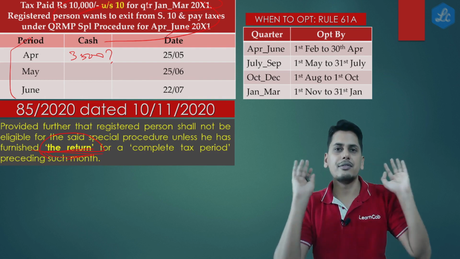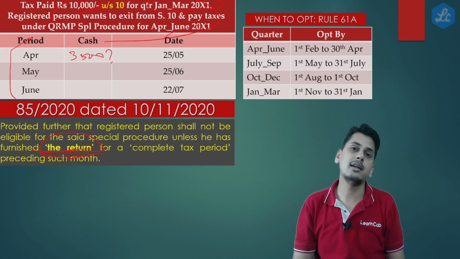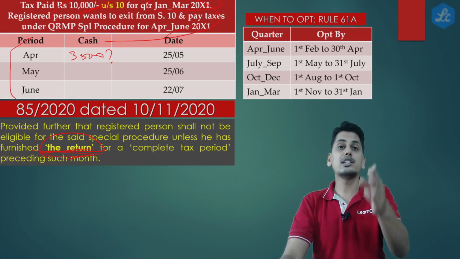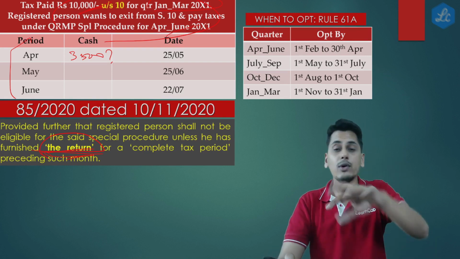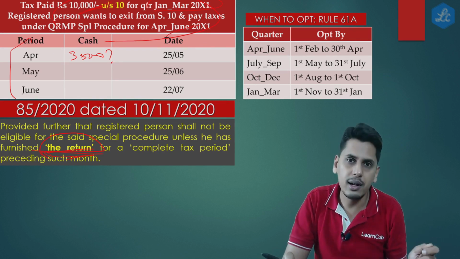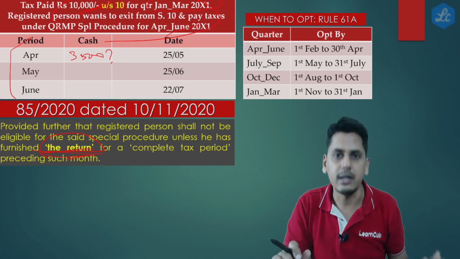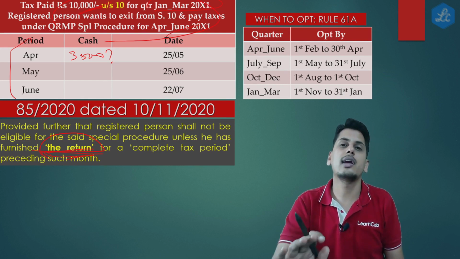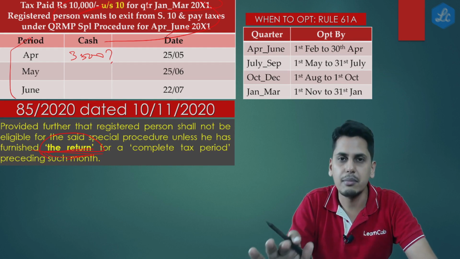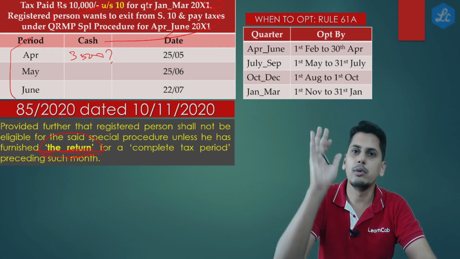You can go under the self-assessment method. Similarly, you may have past data, but either it is for half a tax period or it was under the composition scheme. Past data is available, but it is not in comparable terms. So you cannot opt for the QRMP scheme fixed sum method. I am sure you are able to follow this.